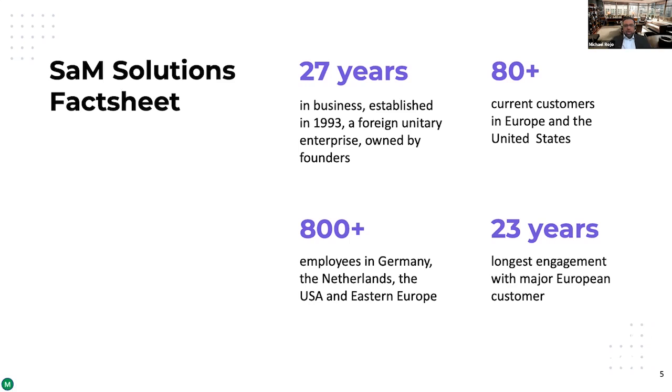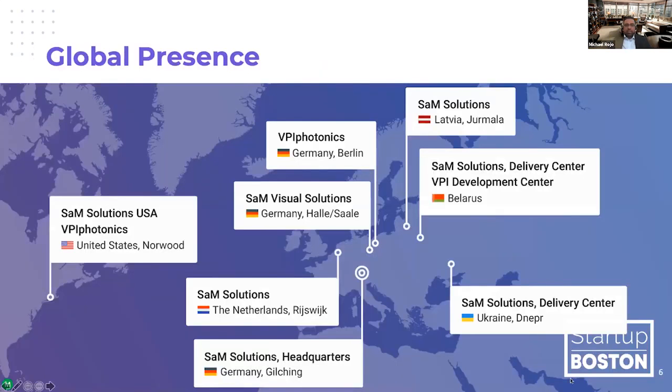In doing so, of course, we work with small startups and large companies. Our global presence spans the globe from, of course, headquarters in Germany to U.S. operations here in Boston, Norwood region. Also large buildings in Belarus, in Germany, of course, and Amsterdam, and of course, the Ukraine.